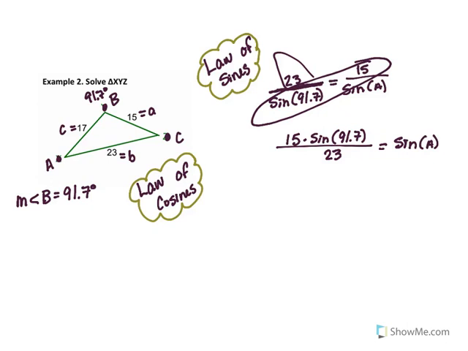When we put that in our calculator, we get approximately 0.65186. That's all I'm going to write down. Then we've got the sine of a. So now we need to do the sine inverse of both sides.